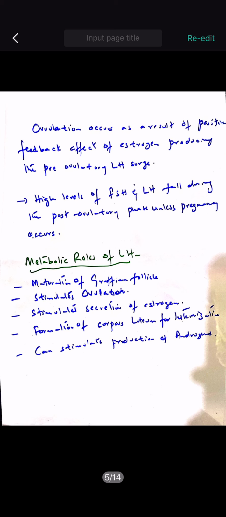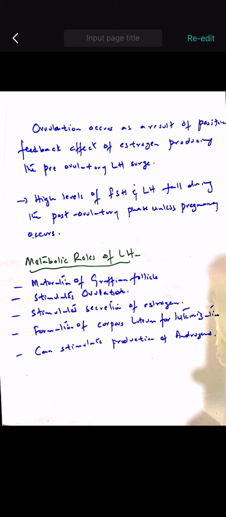High levels of FSH and LH fall during the post ovulatory phase unless pregnancy occurs. Once they have secreted estrogen, they start falling if there is no pregnancy. But if there is pregnancy, these levels will stay high.